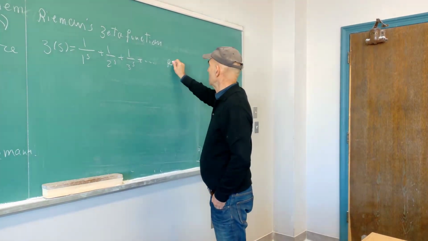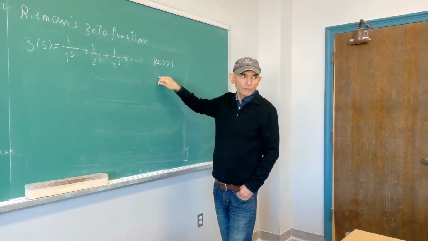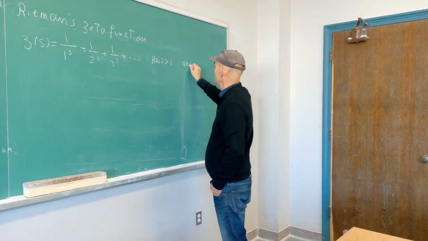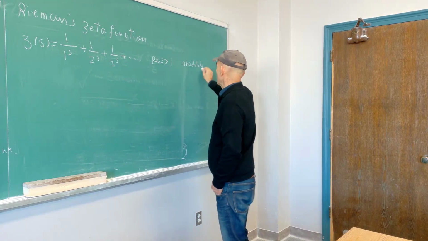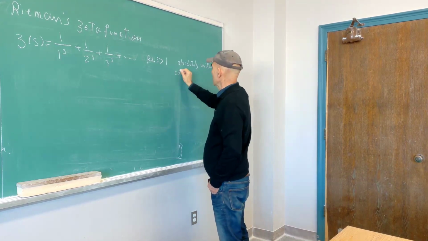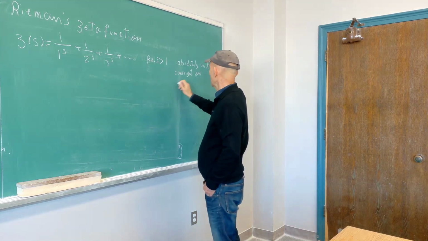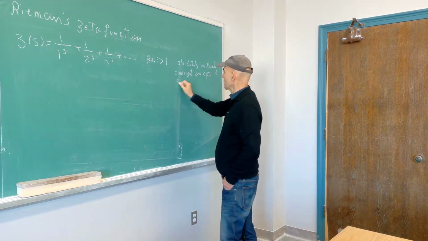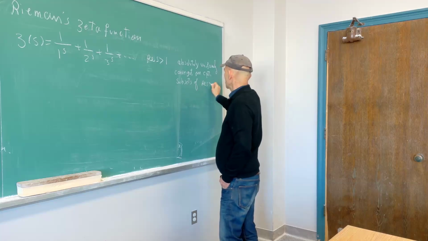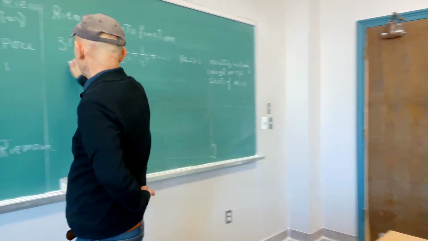For real part of s bigger than 1, this is absolutely convergent and uniformly convergent on compact subsets of the right half plane, real part of s bigger than 1.